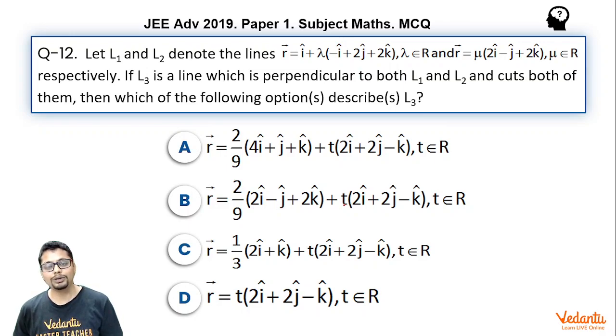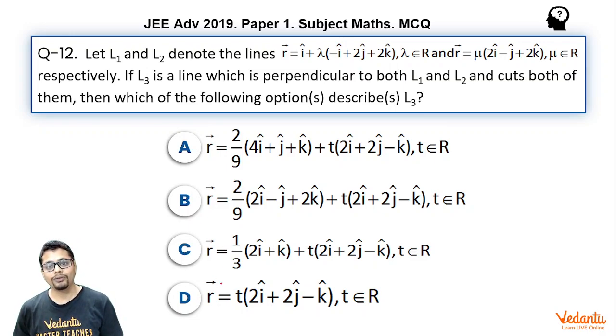So I'll take t to be 1 by 9 so that it becomes plus 2 by 9 j cap and it vanishes. Now what about i cap and k cap components? Here you get 4 by 9 plus 2 by 9, so it becomes 6 by 9, which is 2 by 3. The k cap component is 4 by 9 minus 1 by 9, which is 3 by 9, which is 1 by 3. So that means even C is correct.